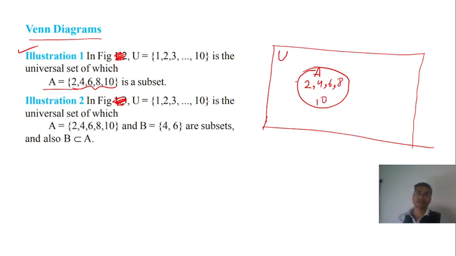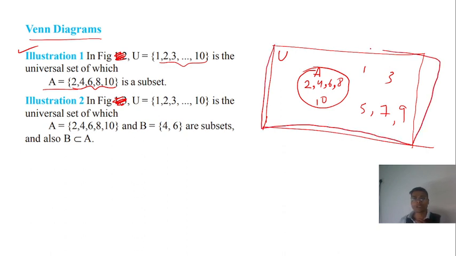After this, whatever is left in the universal set, we write outside set A. So outside we have 1, 3, 5, 7, 9. We can easily see that the universal set has all the elements, since the rectangle is itself the universal set, and A has all the elements inside. So we draw the first diagram.